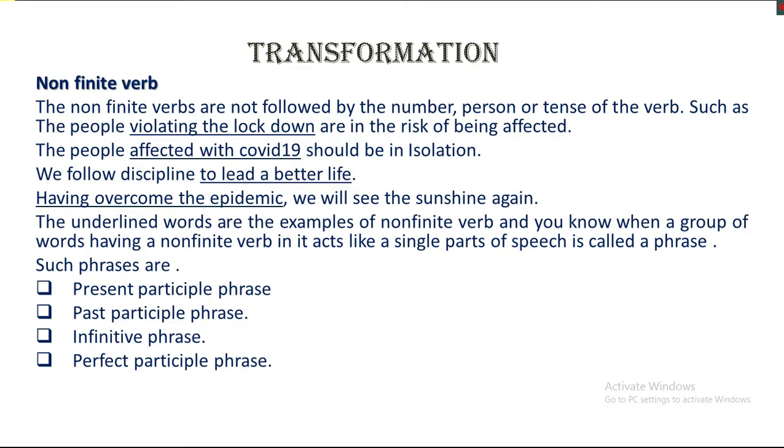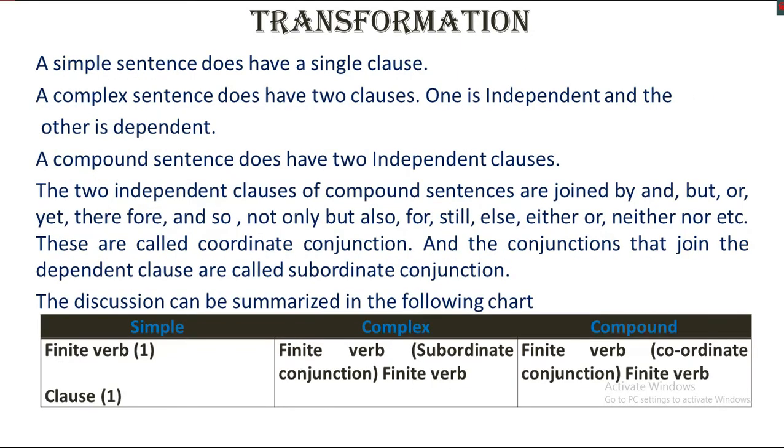The underlined words in the examples are non-finite verbs, and you know when a group of words having a non-finite verb in it acts like a single part of speech, it is called a phrase. So the underlined words are phrases. Such phrases can be called present participle phrase, past participle phrase, infinitive phrase, and perfect participle phrase.